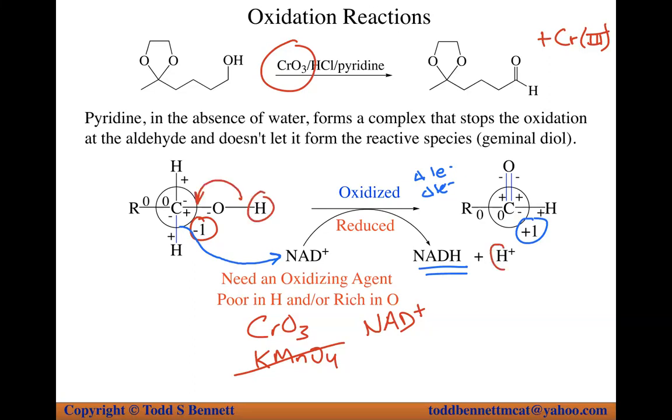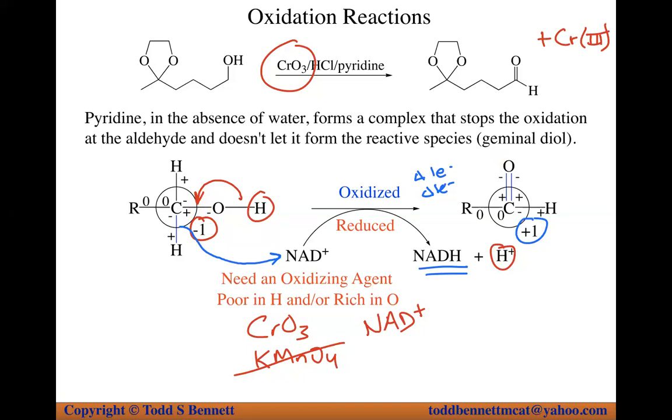So that one's this one right here. So I lose a hydride to NAD plus, and I get deprotonated, coming off as an H plus. These electrons come in and form the carbonyl. There's my R, here's my H, and this now becomes 2 bonds to O when those electrons go in.